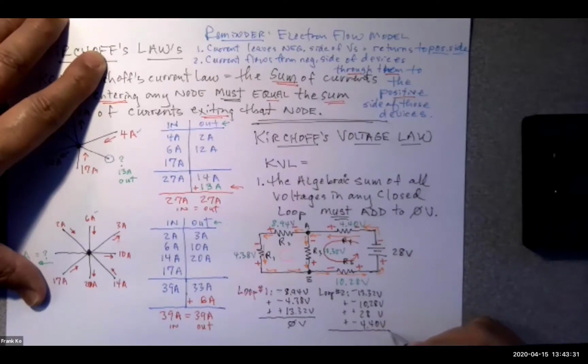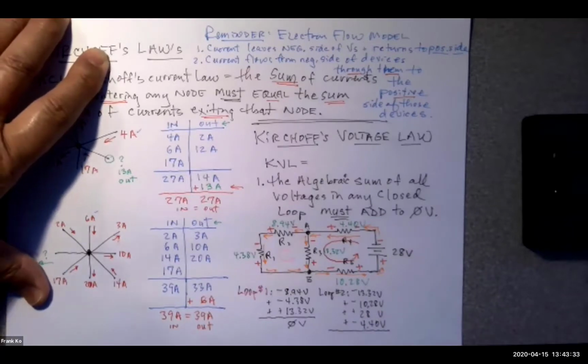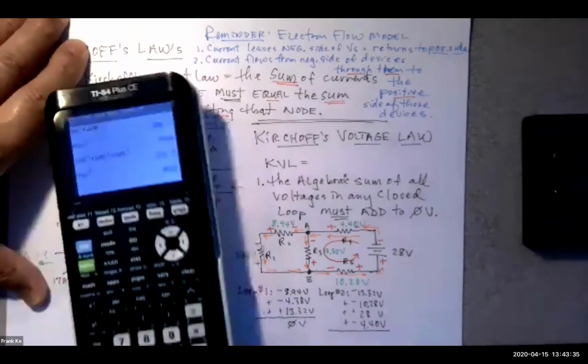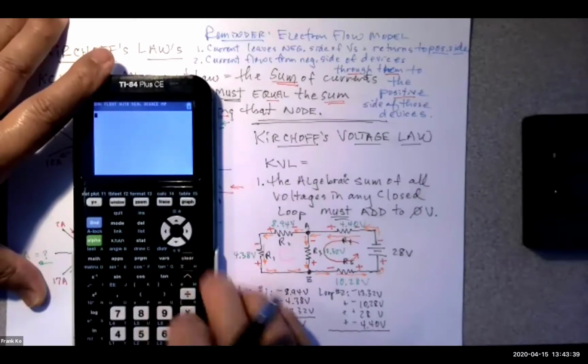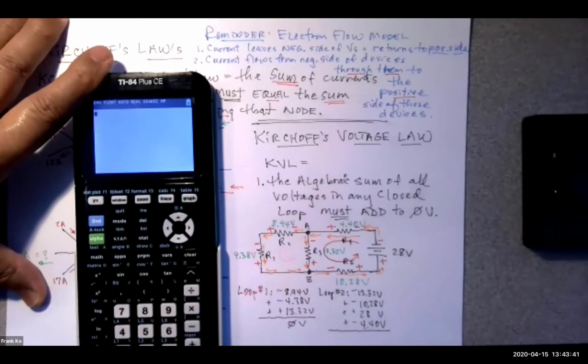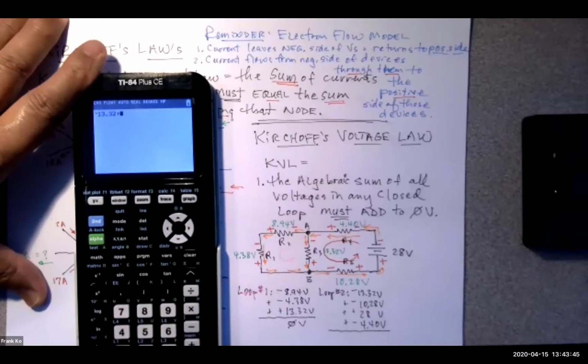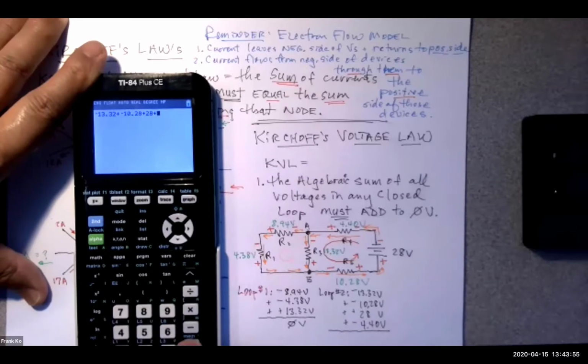Let's add these up and see what this will tally to. As I said, we could be within 1/100th of a decimal place off because we rounded earlier. We have negative 13.32, add this to negative 10.28, add this to 28, and then add this to negative 4.4.